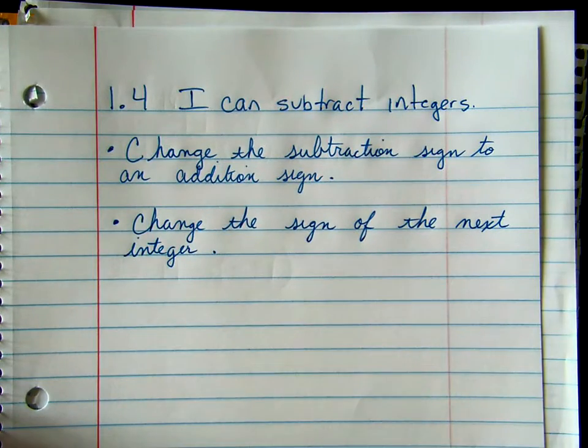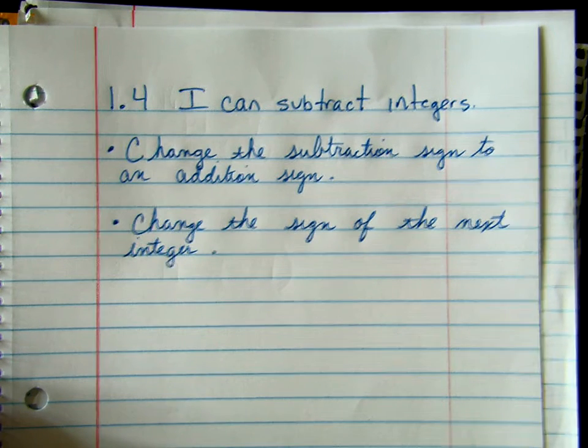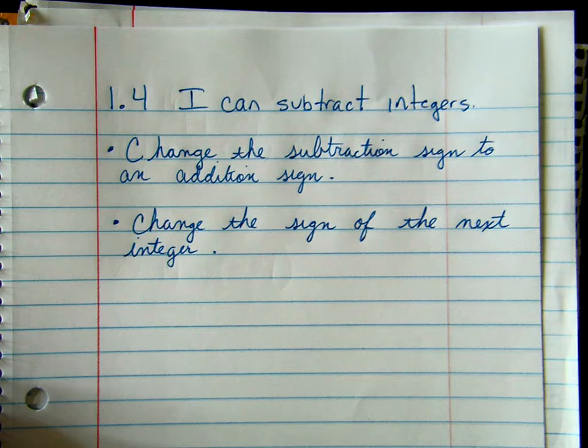So we're going to change the subtraction sign into an addition sign. And because we did that, now we have to change the sign of the next integer. So if the next integer was a positive, we're going to change that into a negative, and vice versa.